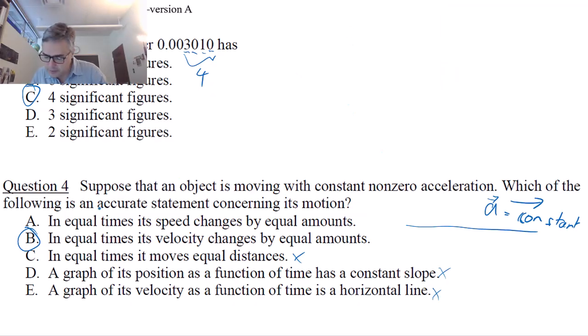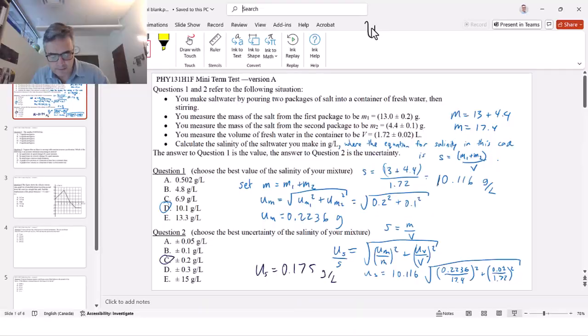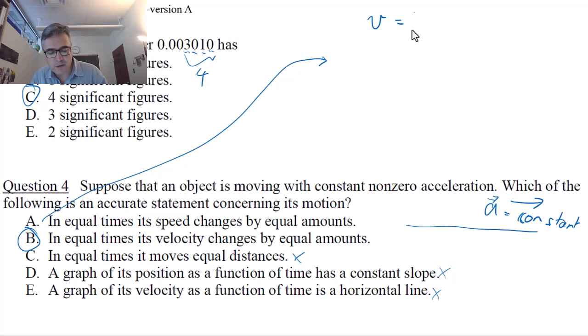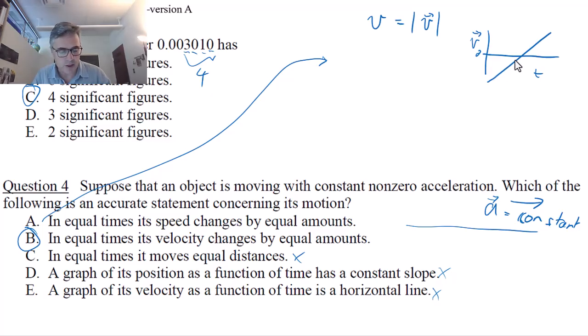And the only other thing I would say if you answered question A is remember that the speed v is equal to the absolute value of the velocity, v with a little line on top. So if you had, for example, this velocity versus time graph, and it starts off negative and goes positive, the velocity changes by equal amounts in equal times.